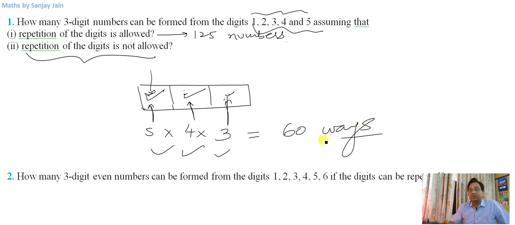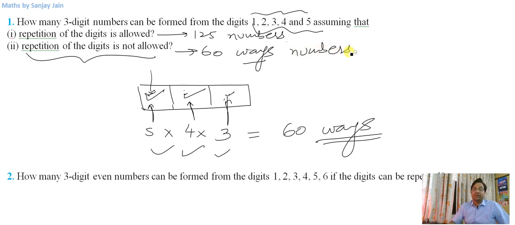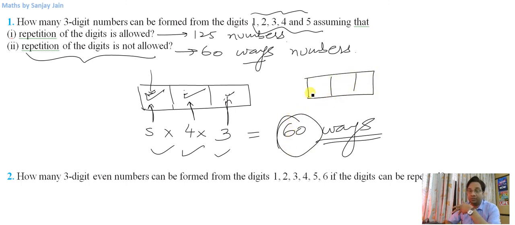This is how the fundamental principle of counting helps us to count numbers in such a fast way. Otherwise, if you start counting these 3-digit numbers, you will have to count 60 different numbers, right? For example, 1 1 1, then 1 2 1, 1 2 2, and keep on counting like this, right?